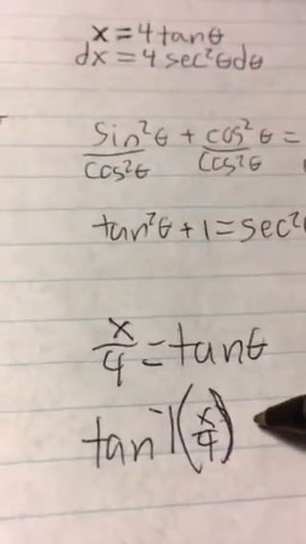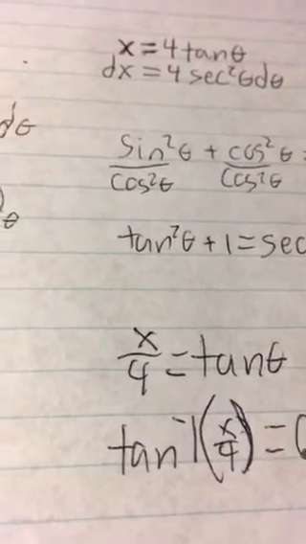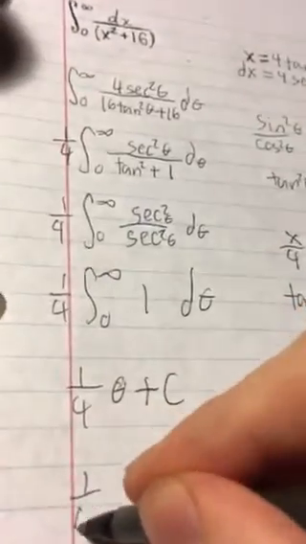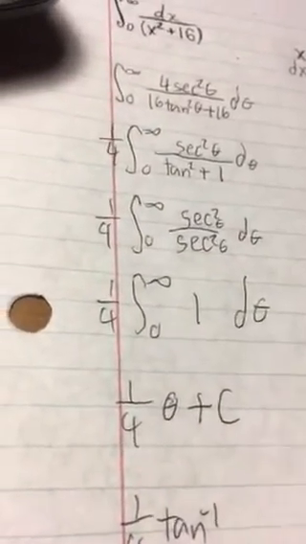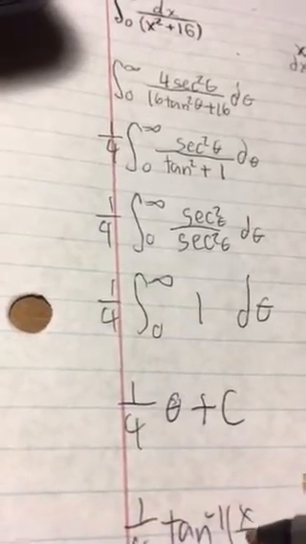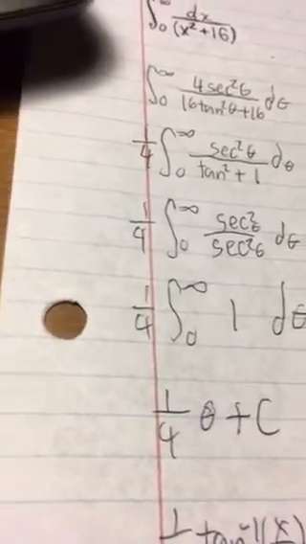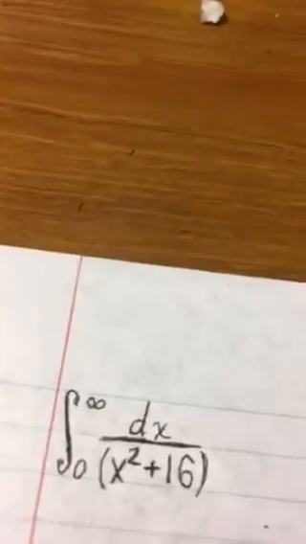I should be looking at the paper, not my phone, while I'm writing. So we get the integral equals 1 over 4 tan negative 1 of x over 4 plus c. We're back here, and there's an infinity. We've already taken up most of the page on this one problem.